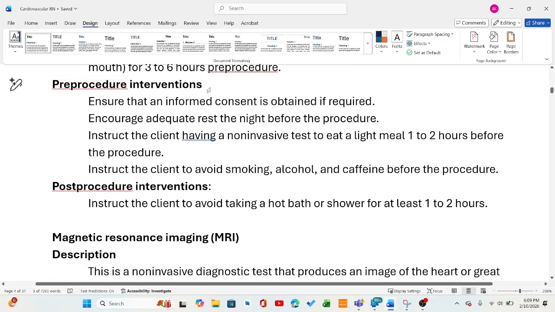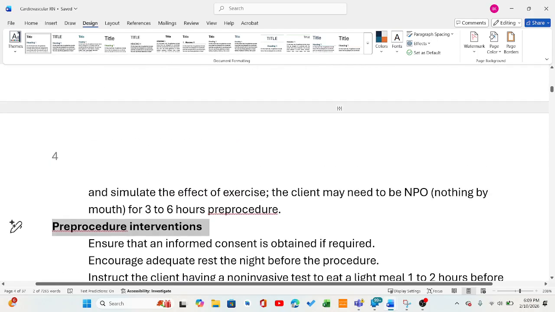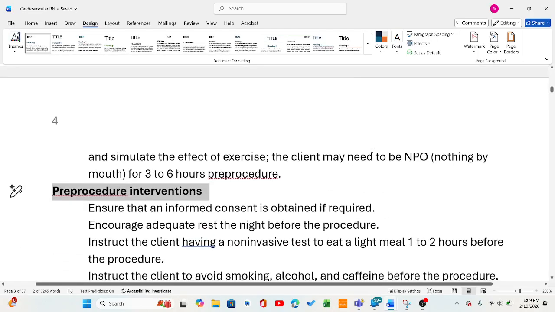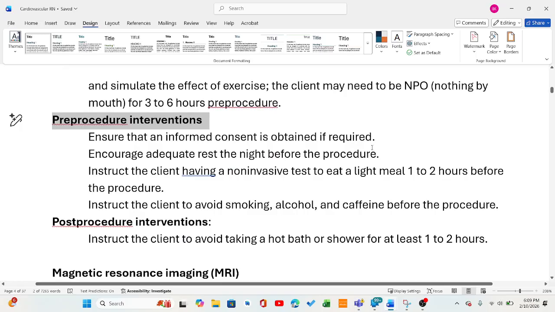So let's look at the pre-procedure for this procedure. The first one is ensure that an informed consent is obtained if the person is going to get the medication injected in the IV. But if they are just going to use a treadmill, you don't get the informed consent.